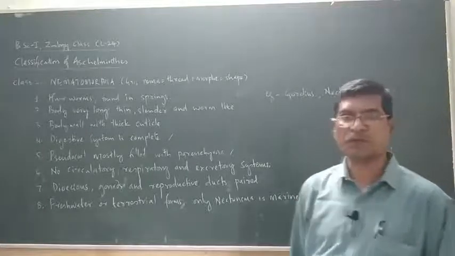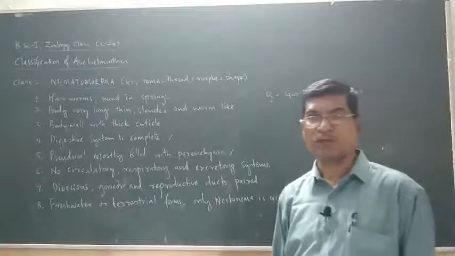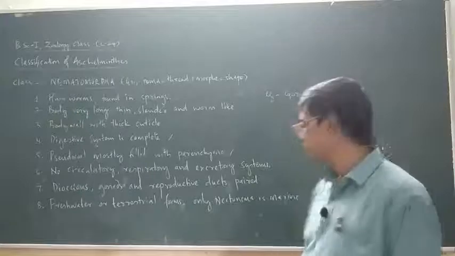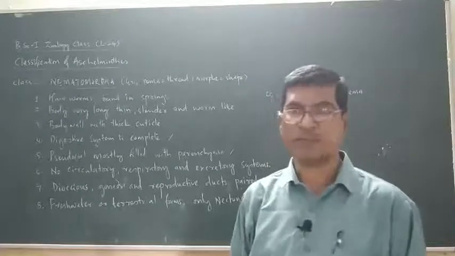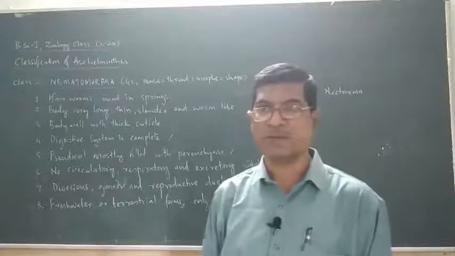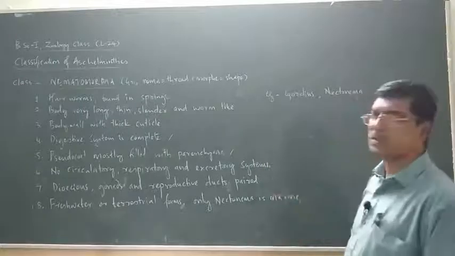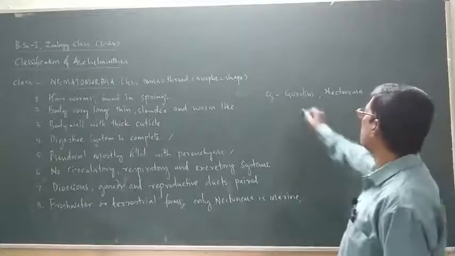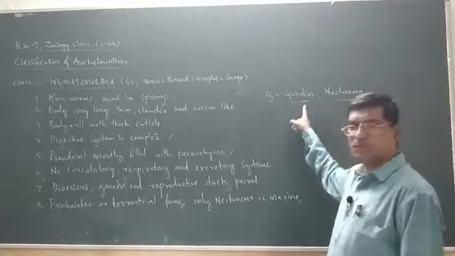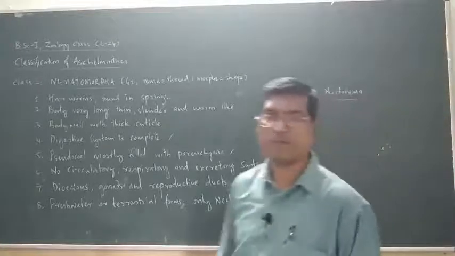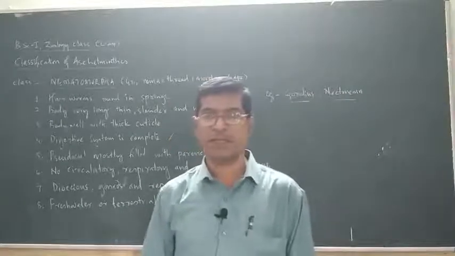Most of them are freshwater or terrestrial forms, only one form is there, that is Nectonema, which is found in marine water. Examples for this type of forms are Gordius and Nectonema. Gordius is a freshwater form. Nectonema is a marine form.